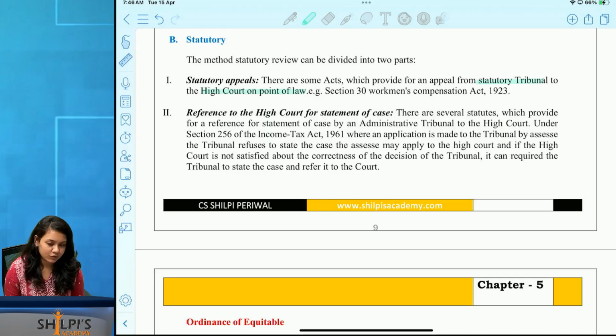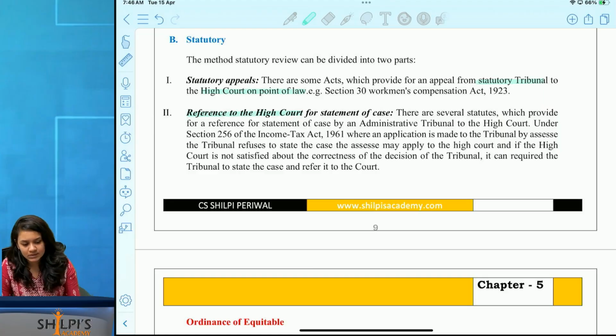Now, another kind of a statutory remedy is known as reference to High Court for statement of case, wherein sometimes the tribunals can reference the High Court for a statement so as to apply the correct point of law to the case.